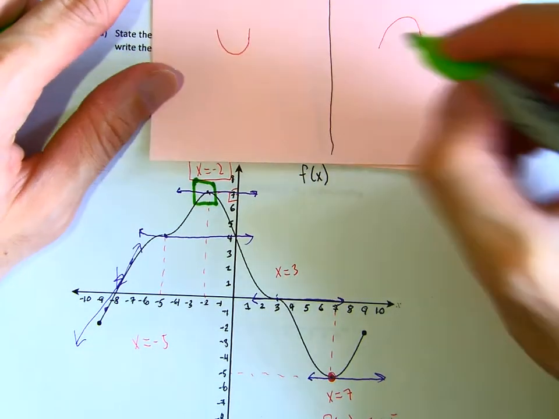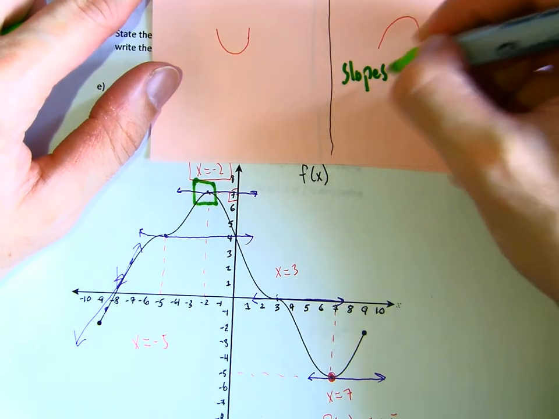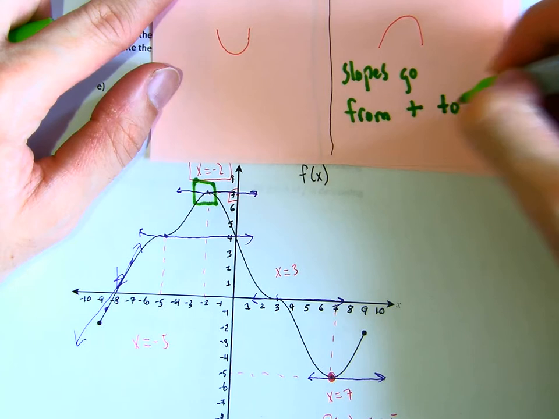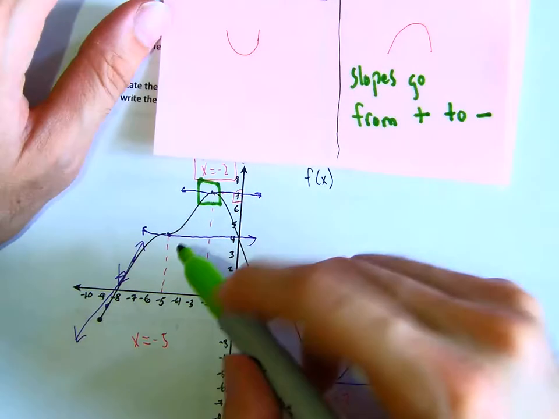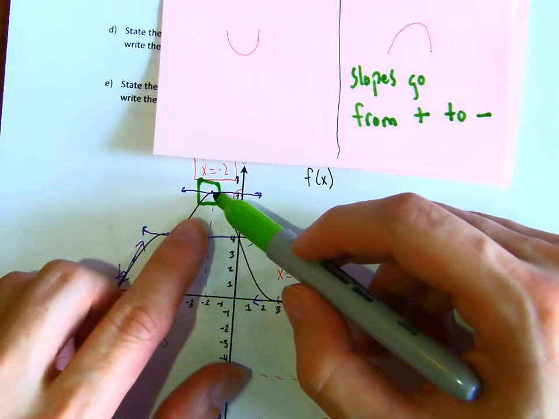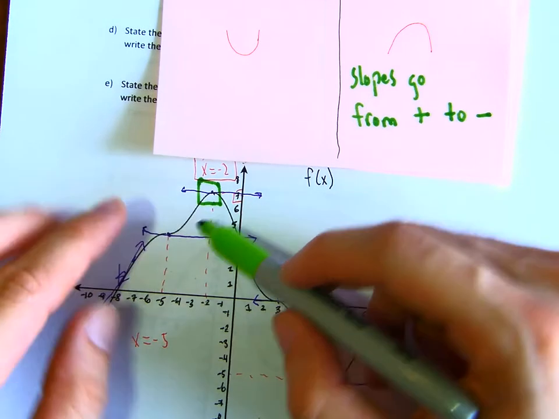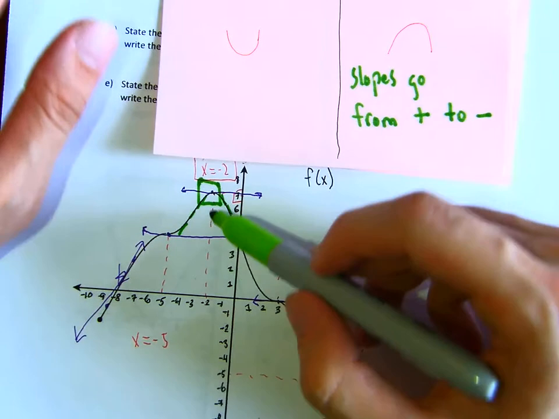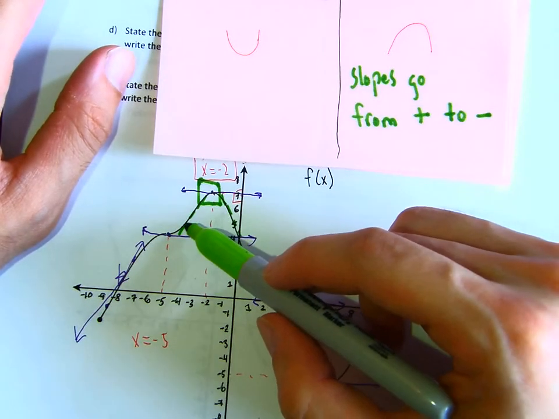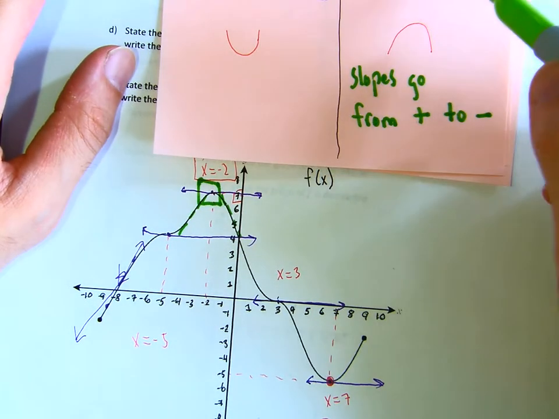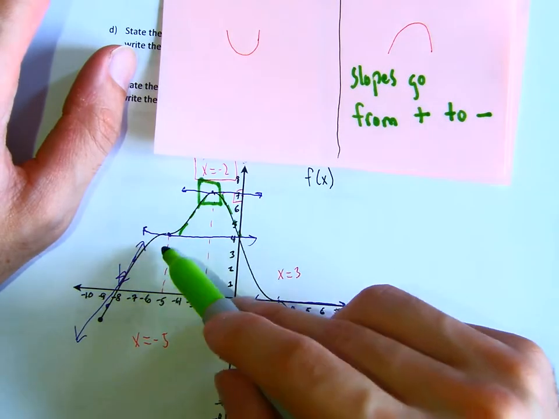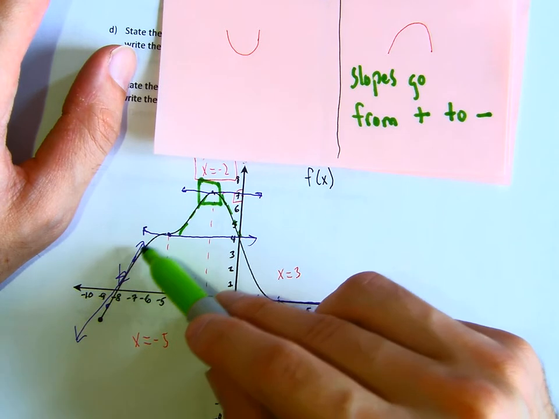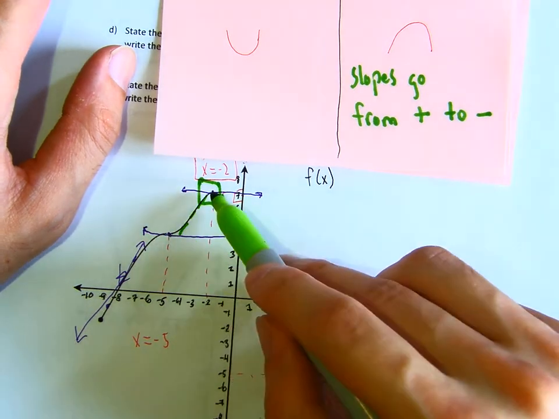And the idea is the slopes go from positive to negative. Look at the slope coming from the left side. It's positive, positive, positive, positive, and then it goes to negative. So when the slopes of the tangent lines go from positive to negative, we have a max. Over here, this is not a max because the slopes are going from positive to zero to positive.